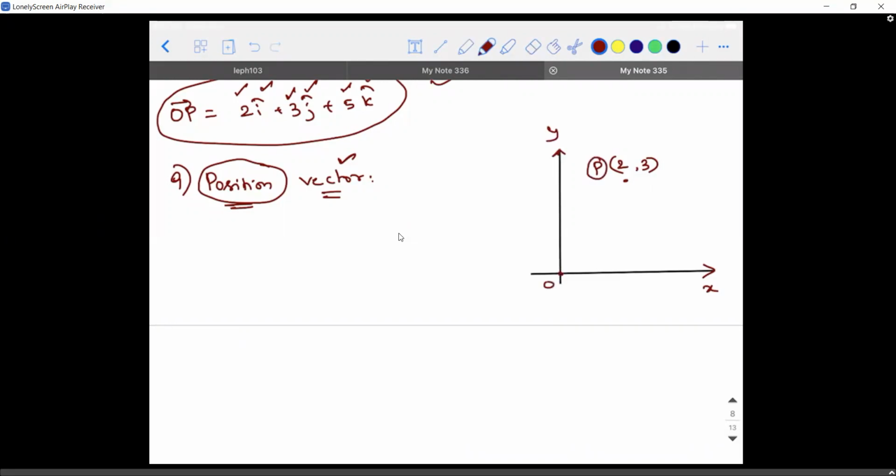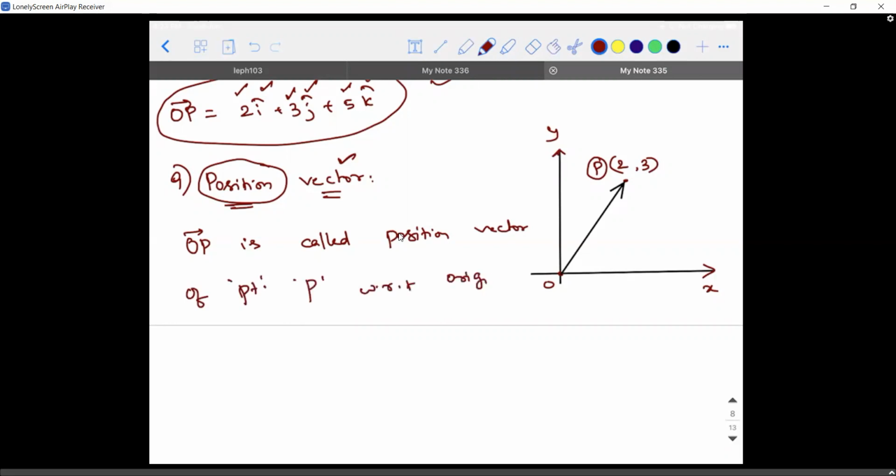So if I have to write it in the form of a position vector, then what I need to do is take the point O and join it to point P. Then OP vector is called the position vector of point P with respect to origin.